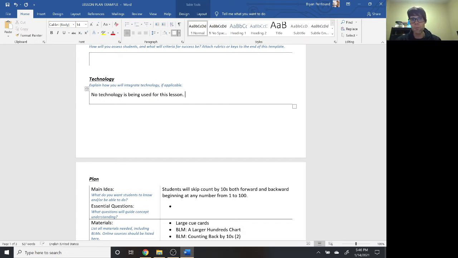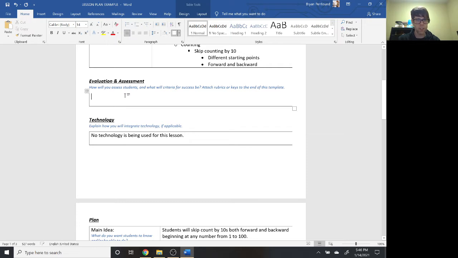But when I'm skip counting by tens, all I really need is a hundreds chart and a game in grade 2. So no technology. I think we're good for tech in this particular lesson. And we already talked a little bit about evaluation and assessment. So students maybe glue their BLM into their workbooks.